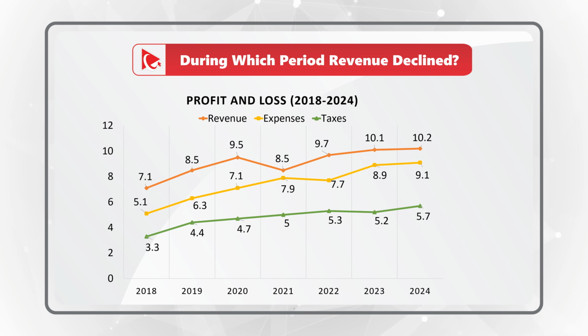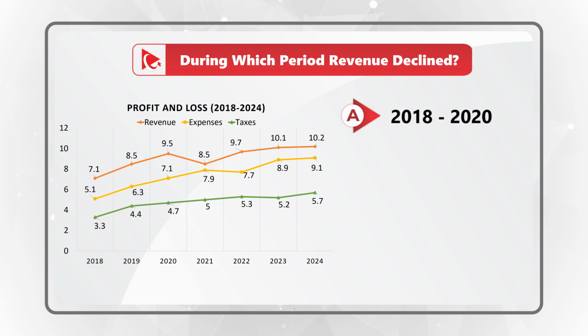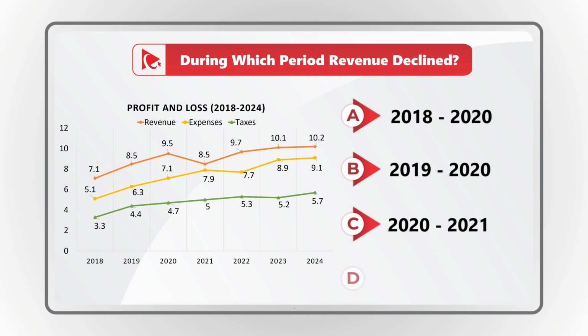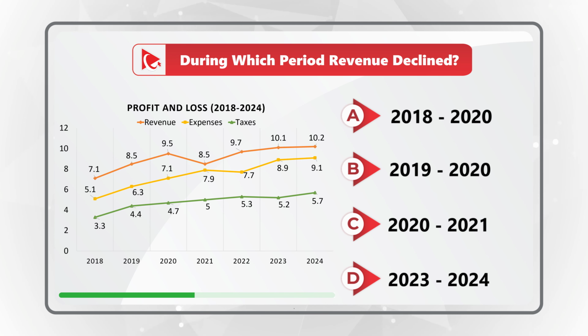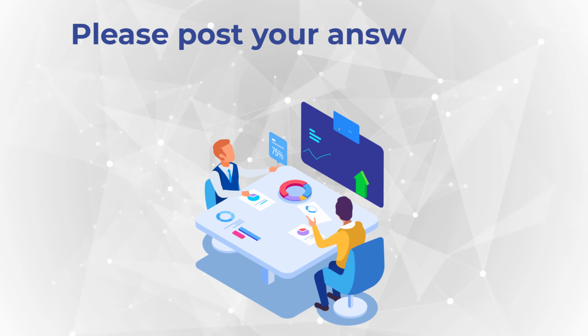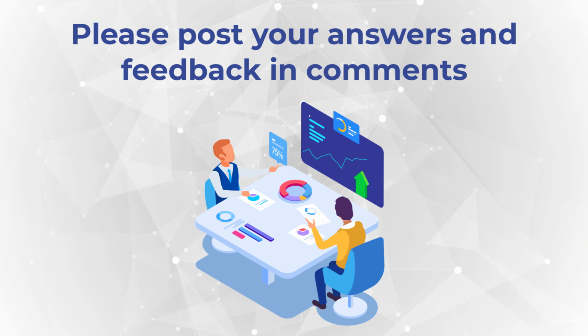You have 4 different choices to choose from: choice A, 2018 to 2020, choice B, 2019 to 2020, choice C, 2020 to 2021, and then choice D, 2023 to 2024. Do you see the answer? I truly hope with the skills that you learned here, you can quickly identify the answer and post it in the comment section of this video so I can give you my feedback. Thanks for participating and good luck.